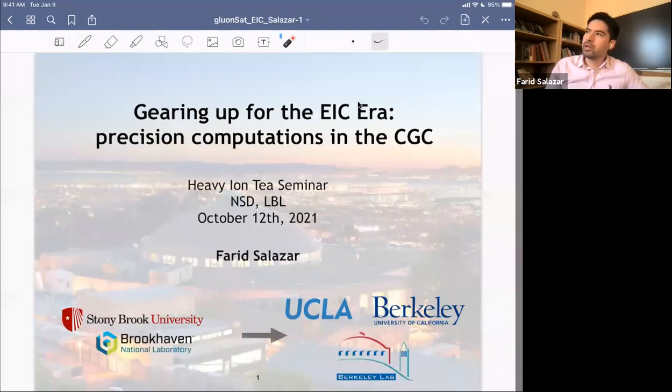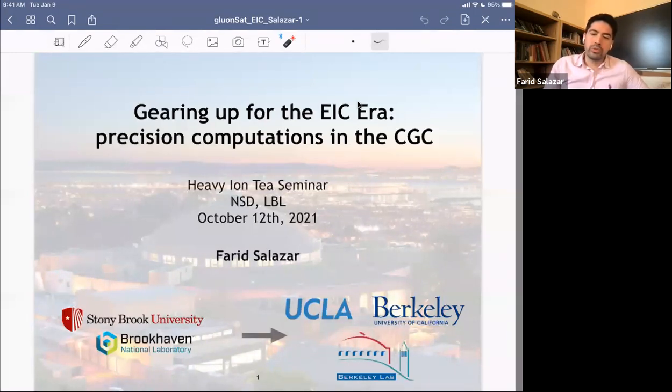It's much behind other areas of physics, like, for example, computations in electroweak theory, which are known to higher loop accuracy. What you will find is that most of the color glass condensate observables are at leading order, and that might sound trivial, but in fact, because of multiple scattering, the computations already at leading order are not that simple.